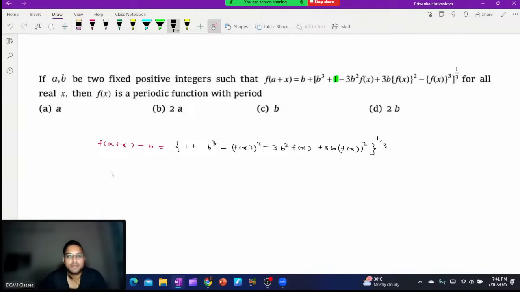One power 1 by 3. So f of a plus x minus b will become 1 plus b minus f of x whole cube whole power 1 by 3.